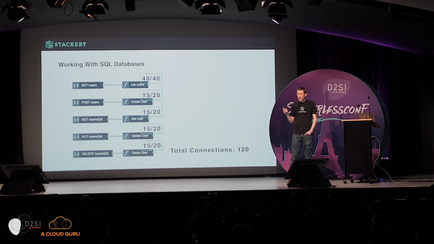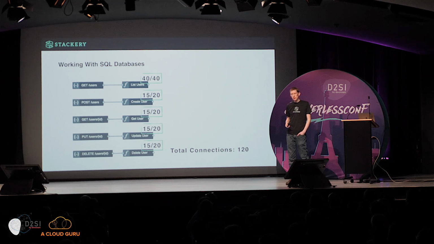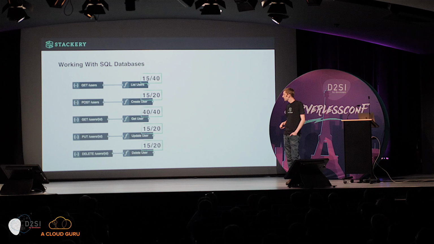But now let's imagine that in the next minute, list users, our first endpoint, spikes to 40 concurrent connections, while every other endpoint goes down. So we're still at 100 concurrent requests to our API, but because those other scaled down functions still have idle instances that have open connections, we're now reaching our limit for connections on our database.